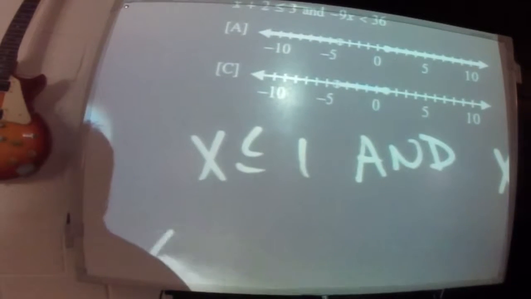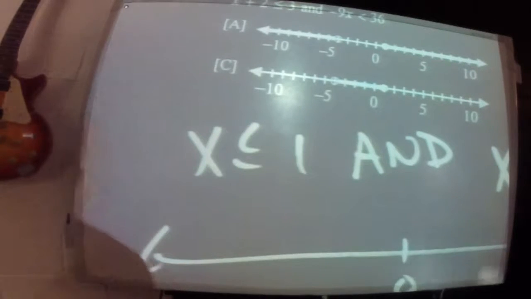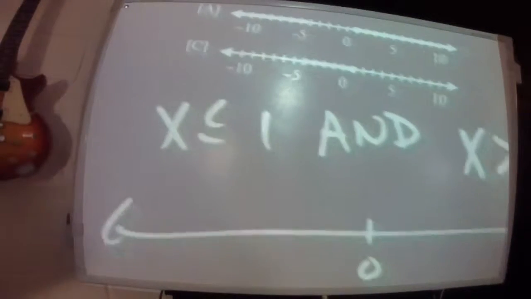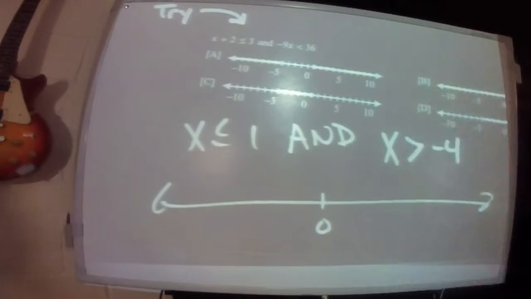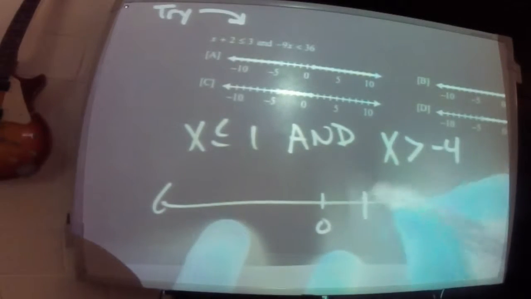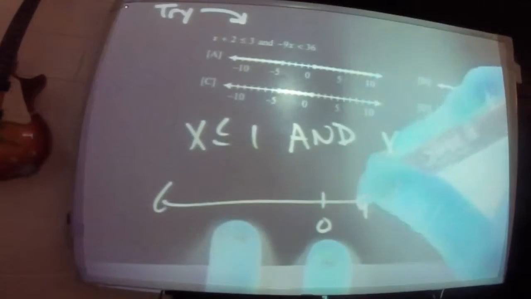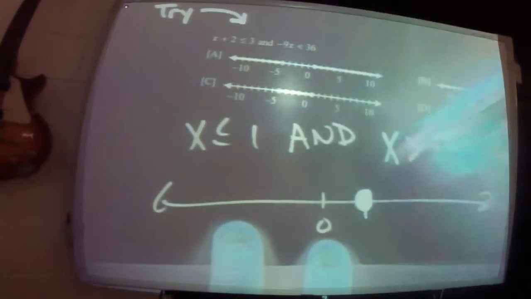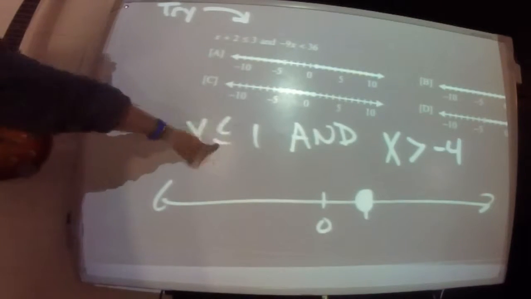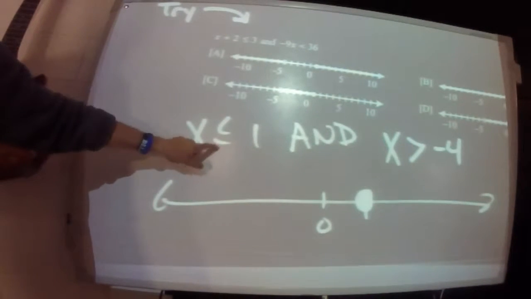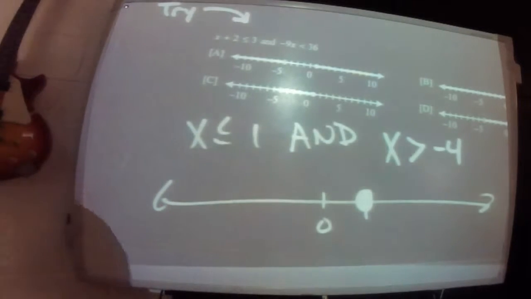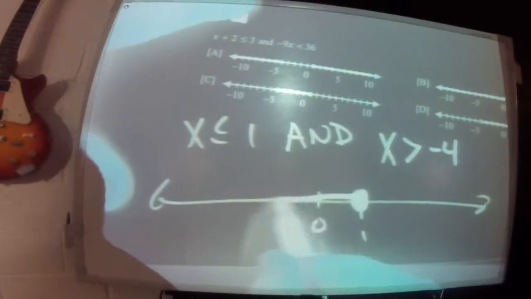I need a number line sketch. C. I put a solid dot at 1 and go which way? Left. That's at 1 and I'm going left.